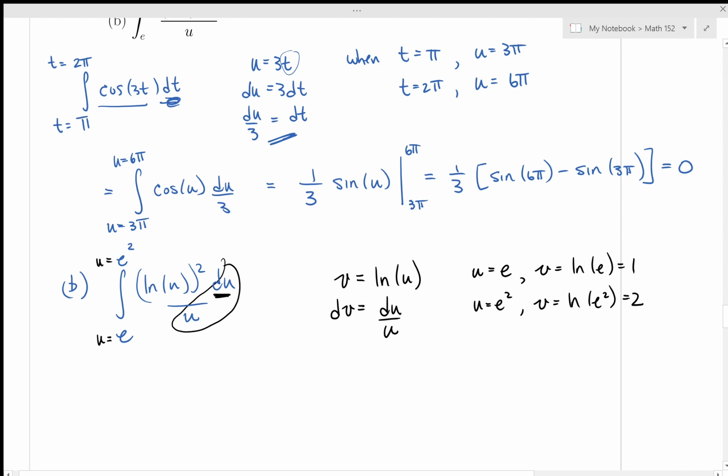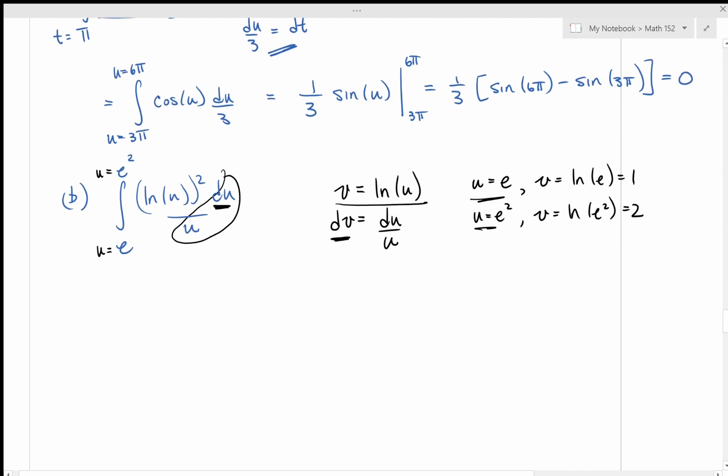Okay. So now that I've seen, if I make this substitution for v, what happens to the differential dv, and what happens to the limits of integration, I establish all that, and then I completely substitute. So then I say that this is equal to the integral. Now I'm thinking, what does v start at? V starts at 1, and it goes to 2. Because when u is equal to e, v is equal to 1.